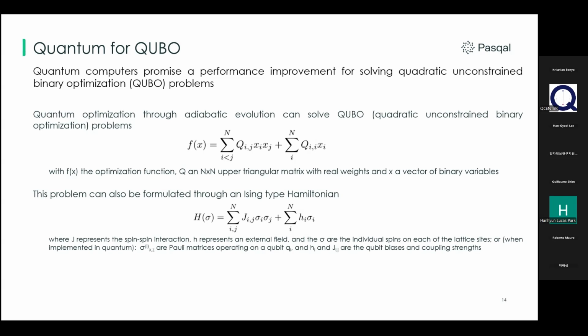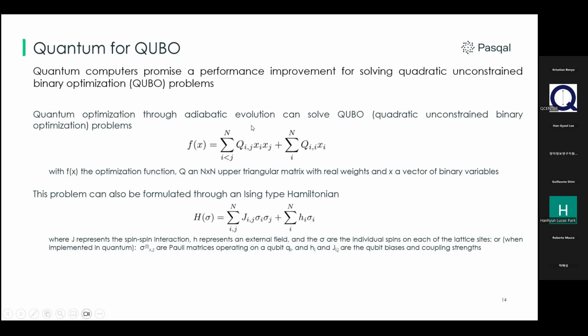So as the name implies, it is quadratic. So instead of the linear formulation beforehand, it's quadratic, meaning that in the cost function itself, you have second order terms, so quadratic terms, and the cost function here is defined by this f function. The first term has a multiplication of two variables and with known coefficients.